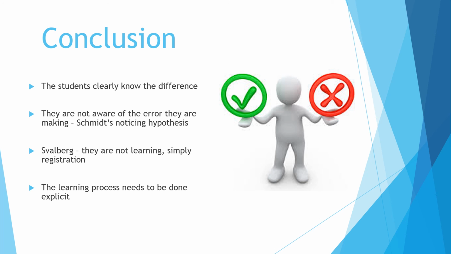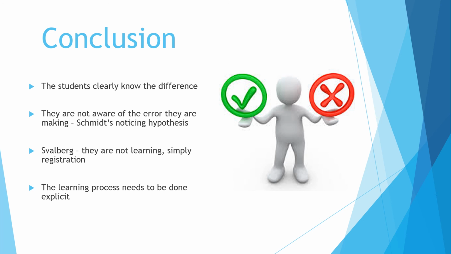I would say that it's pretty clear that the students know the difference between the two words and the rules that separate them, since the students are able to correct themselves when told so. They are, however, not aware of the errors they are making, which, according to Schmidt's noticing hypothesis, is crucial for the learning process, which could be an explanation to why they keep making this kind of error.